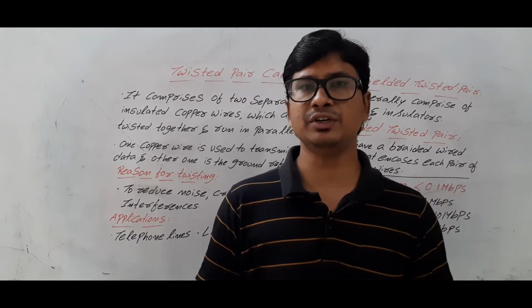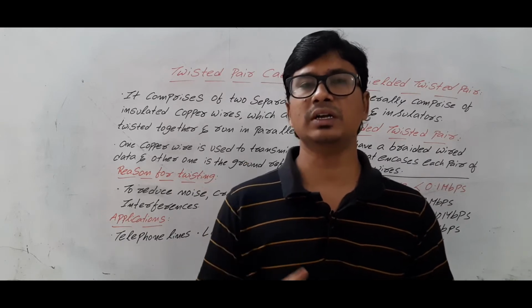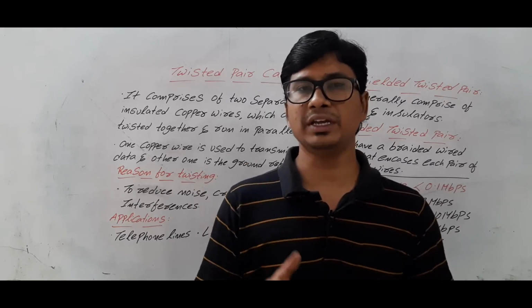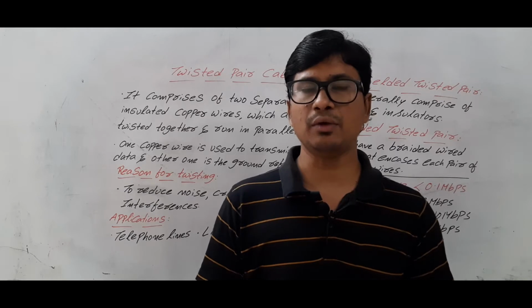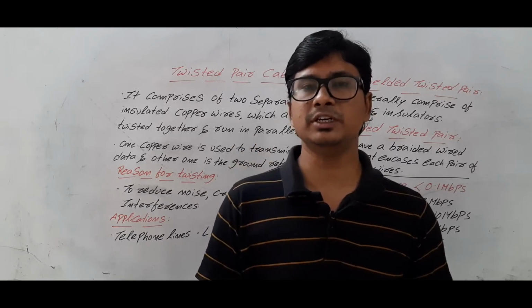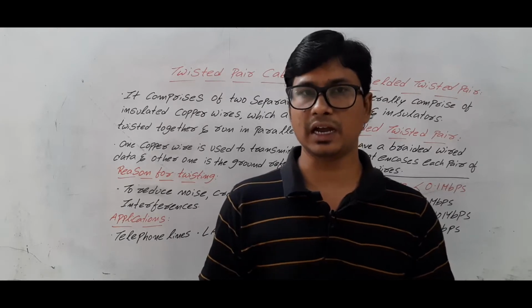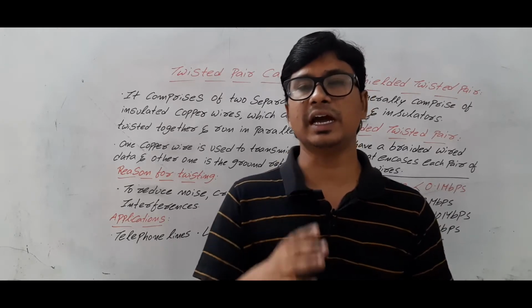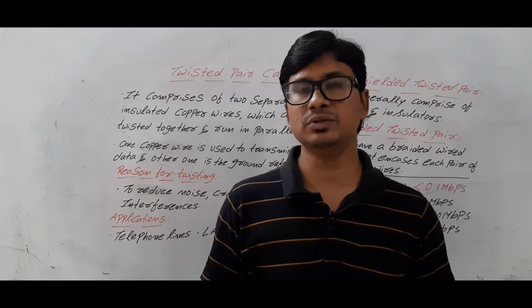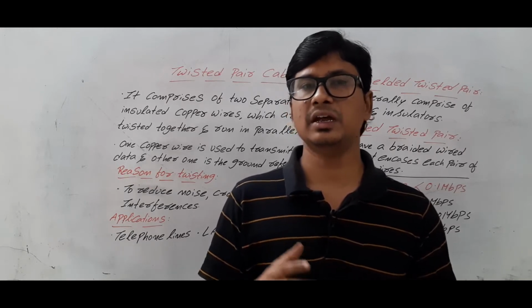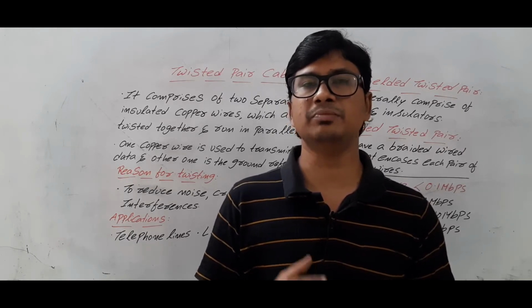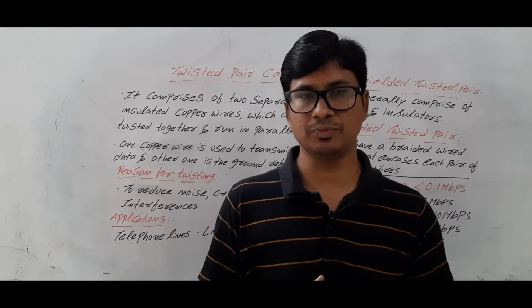In the last video, we discussed what a transmission medium is and why it is required. Then we discussed that the transmission medium is classified into guided and unguided transmission media. The guided transmission medium is used in wired communication, and the unguided transmission medium is used in wireless communication.